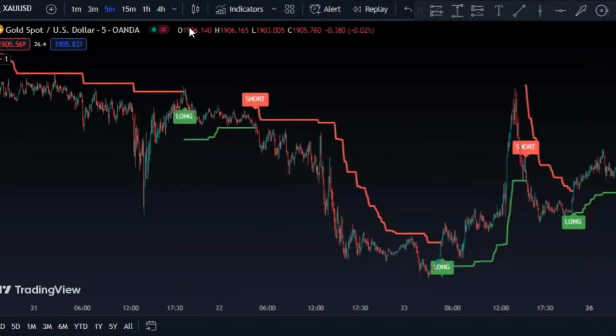No signal indicator works alone, so we want to add more indicators and filters to make the results better.